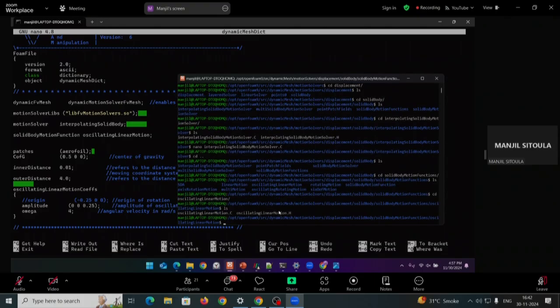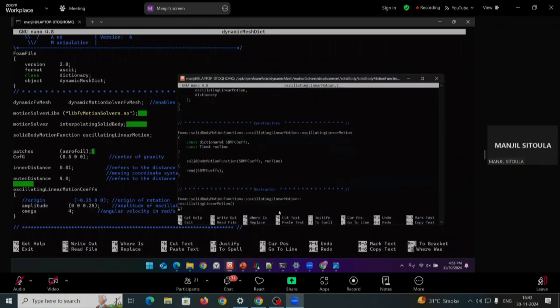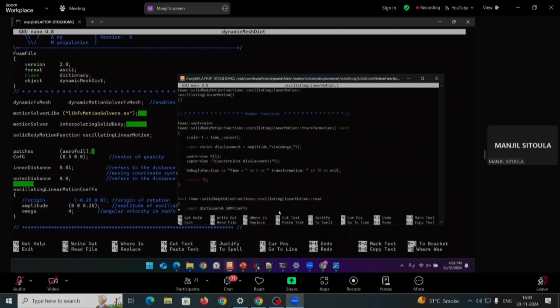Let's go inside. There is also a source code .c file. If we go into this, we can see what equation it solves: the vector displacement equals amplitude into sine omega t. I had already shown you in the slides the equation that we will be solving.